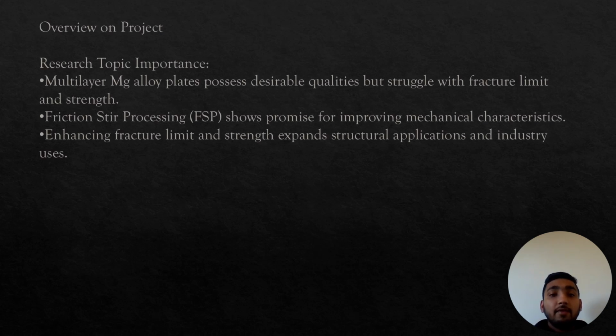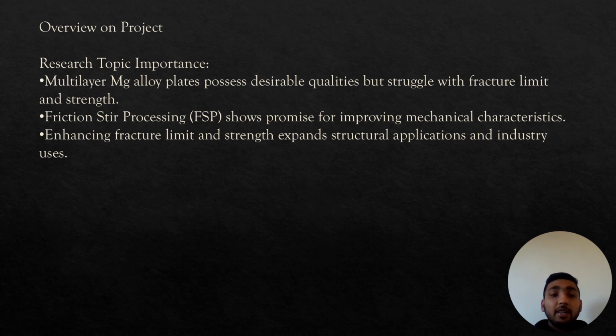So now I am starting with the overview of my project. First of all, I am going to describe why my research topic is very important. Right now, multi-layer Mg alloy plates have desirable qualities but struggle with fracture limit and strain.